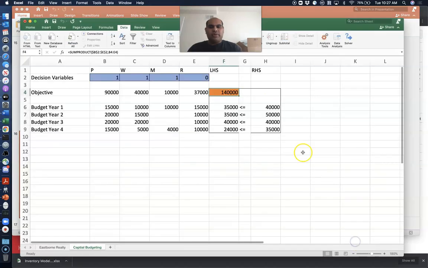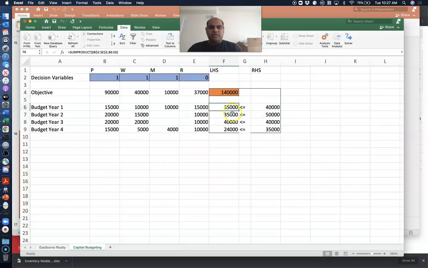Now, if you look at the budgets, you'll notice that you're not using up all the budget in the first 2 years, but you're hitting the maximum budget in year 3. And this is where the bottleneck is. If some way we could increase the budget in year 3, maybe you'll be able to do all 4 projects. There are about $5,000 remaining in the first year, 15,000 in the second year, about 9,000 in the 3rd year.